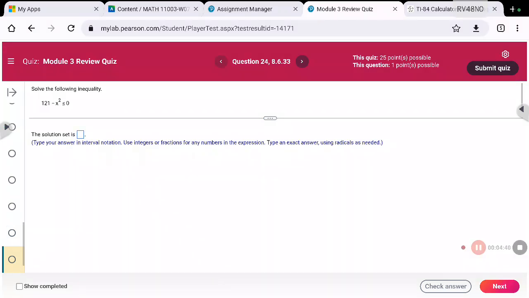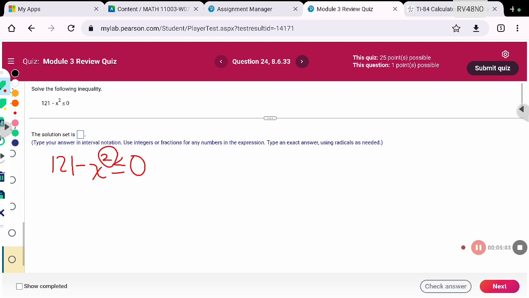All right, on this next one, I have 121 minus x squared is less than or equal to 0. I can factor this, but I can remember you can always find factors or zeros if it's squared by going to your quad calculator and putting in your A, B, and C. Your A is in front of x squared, so it'll be a negative 1.